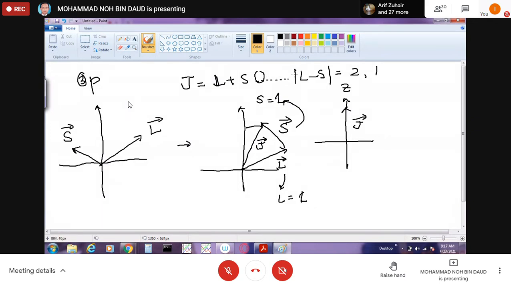You can proceed until L minus S. So we can only get two values of J. Sorry, not two values, 3. 1 minus 1 is 0, 2 minus 1 is 1.